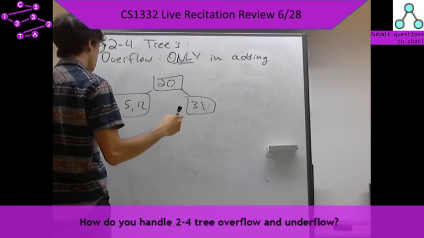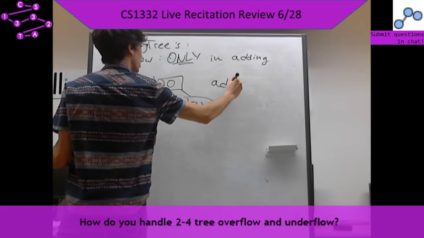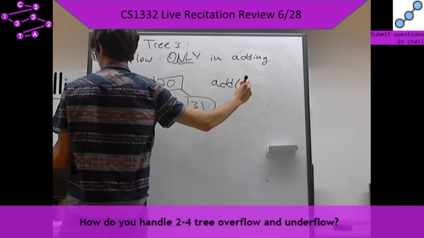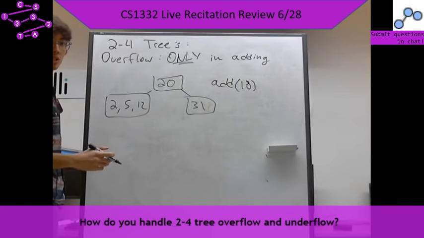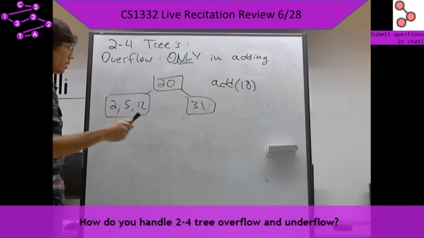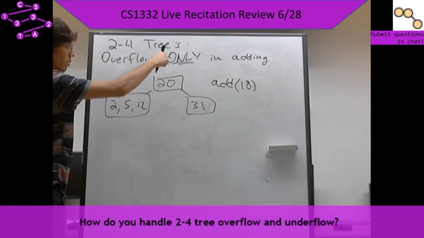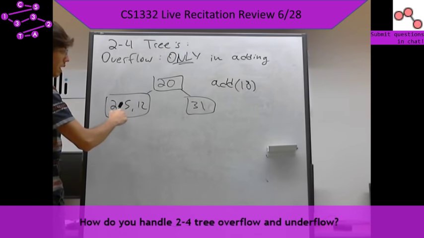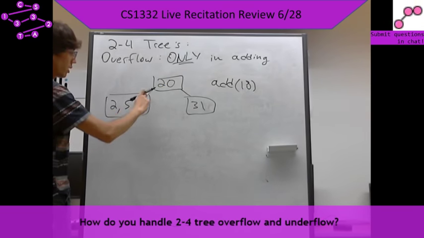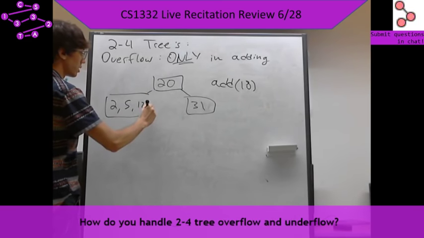Now, let's do the operation add 18. We would traverse through this tree just like it was an AVL or BST, right, where we come in at the root and we'll see that the value 18 is less than this number, so we will go to the left, and then we will search through here to find the appropriate spot to insert our data.